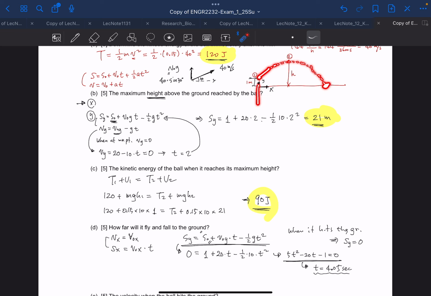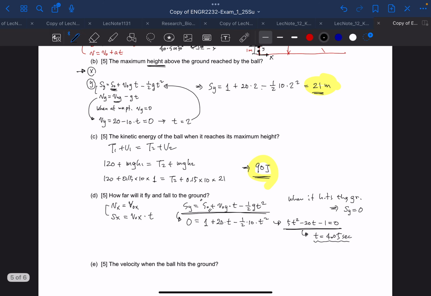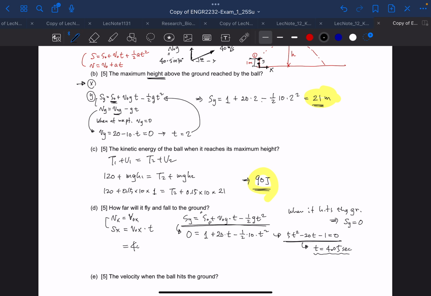Okay, so now all we need to calculate is by putting this t over there to find the horizontal distance. If we plug in the numbers here, V0x was 40 times cosine 30 degree, and that times the time we just found, and if the math was correct, we get something like 140 meter.